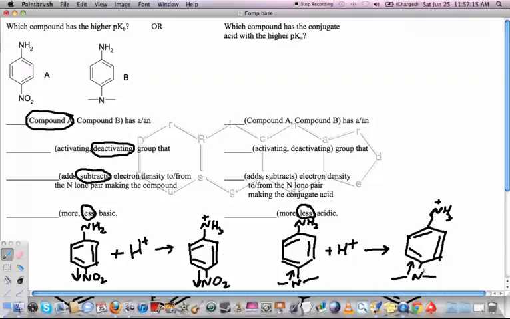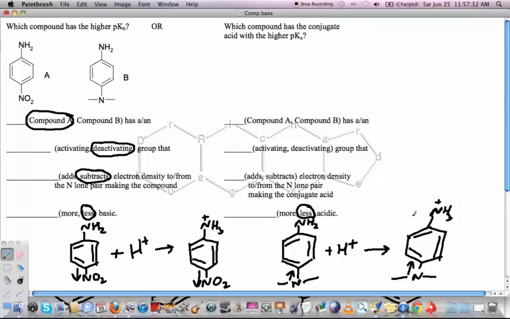In this case, what's going to happen is the nitrogen is going to donate electrons into the ring and stabilize this cation. And this cation then will be less willing to give up H+.